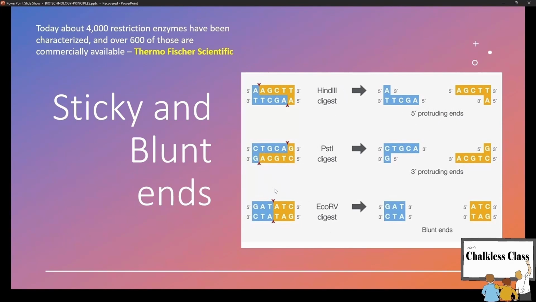It cuts both the strands at the same point, and it leaves blunt ends. In this way, the restriction endonucleases can cut the DNA sequence and form cohesive ends or sticky ends, or they may leave blunt ends. That depends upon the restriction endonuclease that we use on a specific DNA sequence.